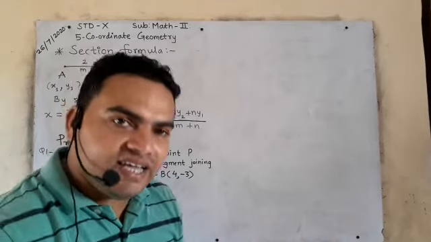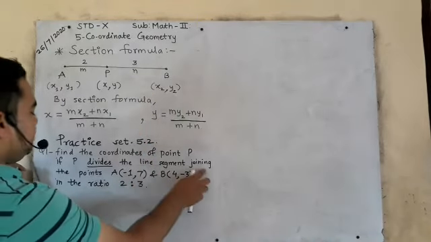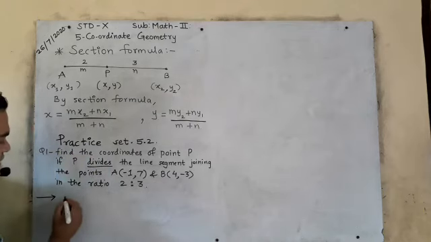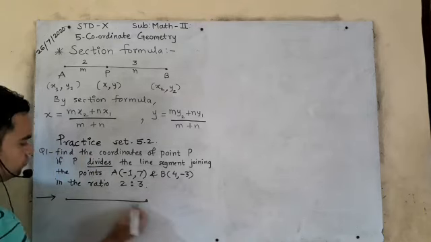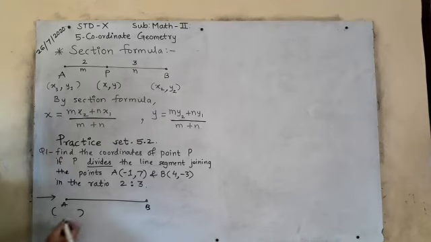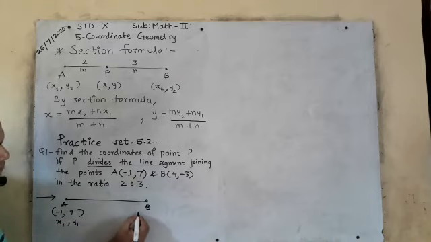Here we will use the section formula. The line segment joining the points A and B, in the ratio. So see what I am saying here. This is A and this is B. A coordinates will be given to you, that is -1 and 7. This will be x1 and this will be y1. Point B is 4, -3.